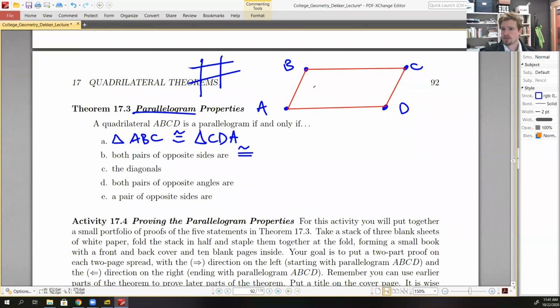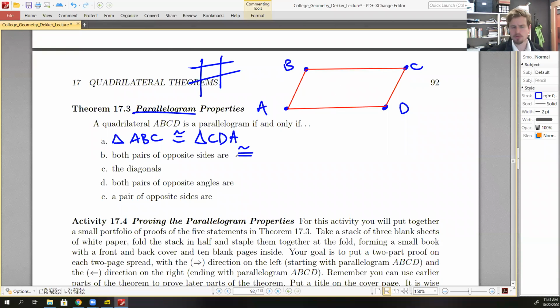So if we want to say that both pairs of opposite sides are congruent, we cannot cite the definition of a parallelogram. Rather, we would have to cite this theorem, since it is a parallelogram, for example.